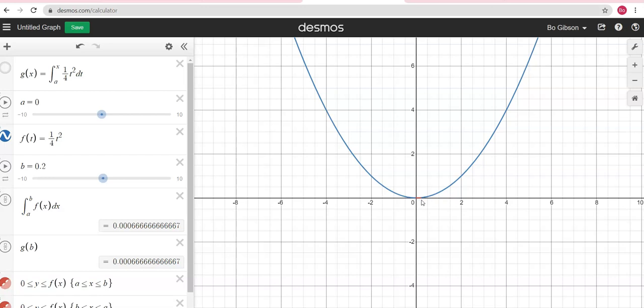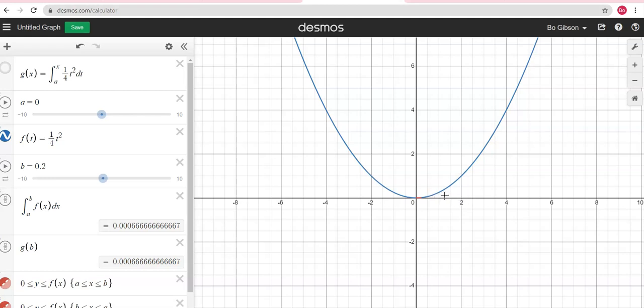And then as x increases and we go to the right, notice that we're accumulating positive area. But we can say even more than that. Not only are we accumulating positive area, but the rate at which we accumulate area is increasing, right? Because this function is getting higher and higher. It's getting further and further from the x-axis.